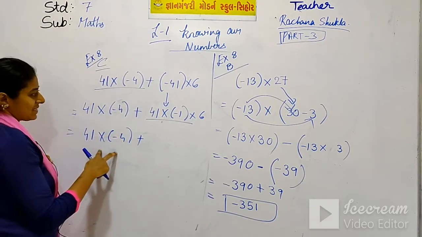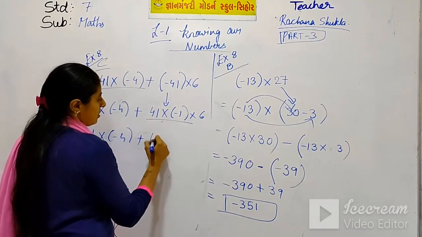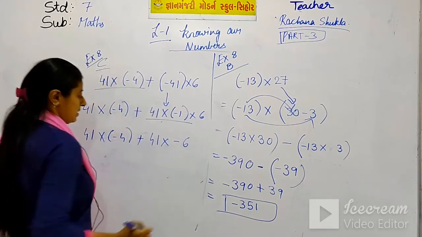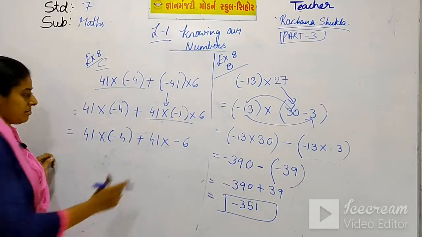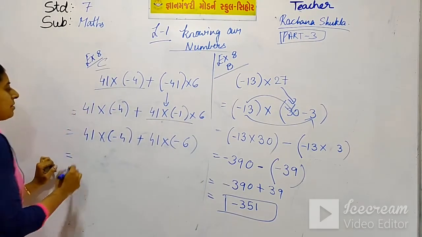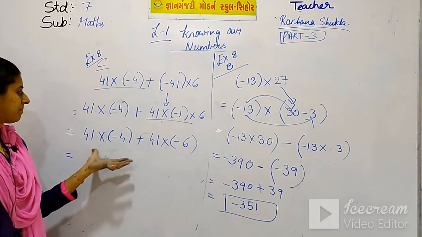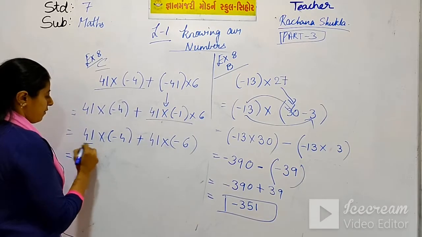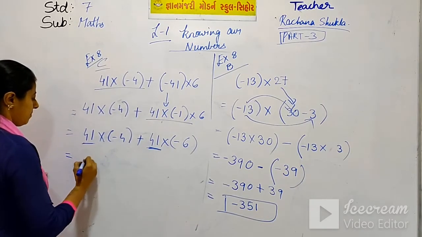This will remain as it is. 41 into minus 1 into 6 will be minus 6. Okay, minus 6. Now we have got two numbers, 41 into minus 4 and 41 into minus 6. So 41 is the mother.